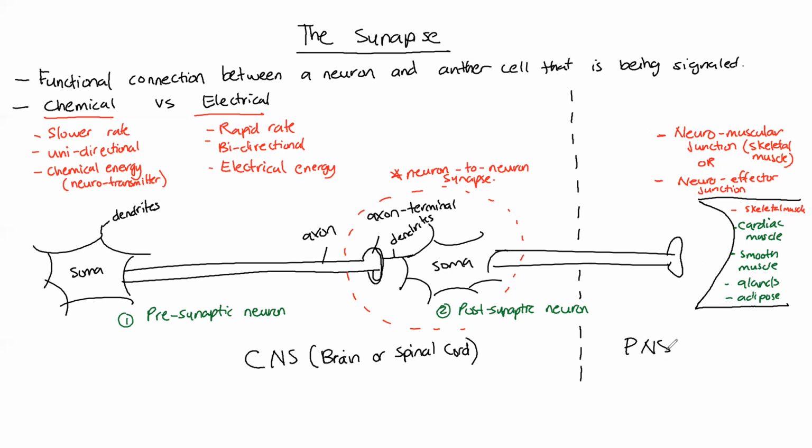So the peripheral nervous system, and it's basically all of the neurons that are not brain or spinal cord, versus peripheral nervous system.